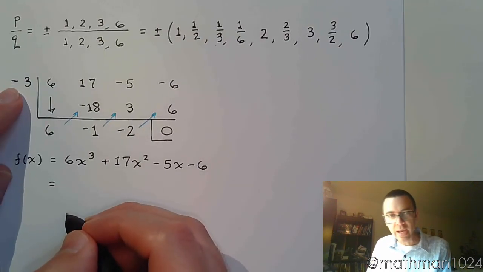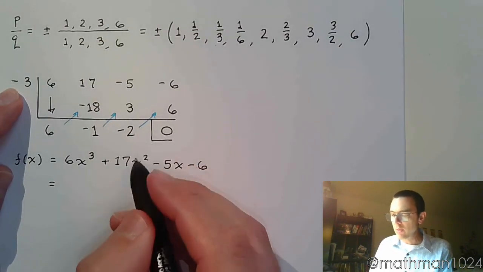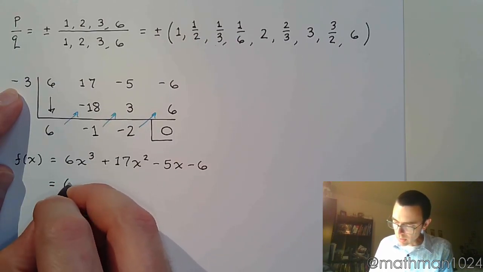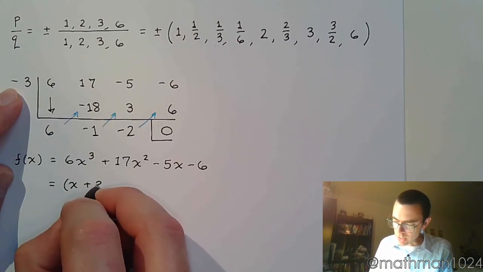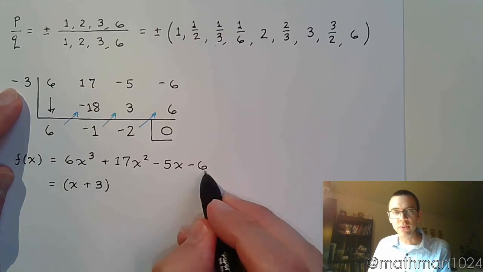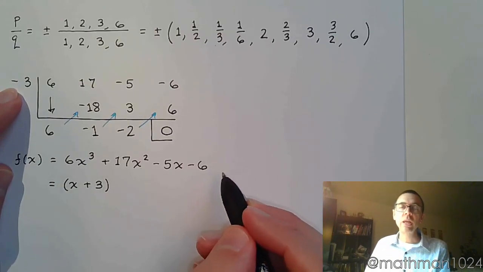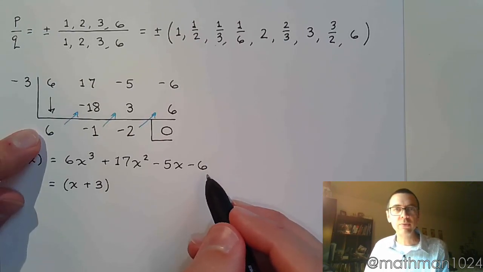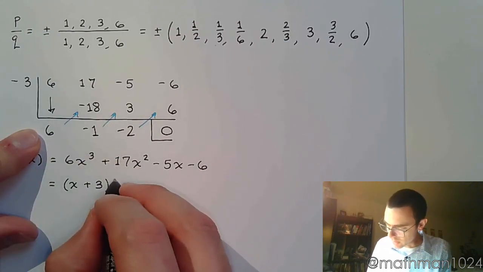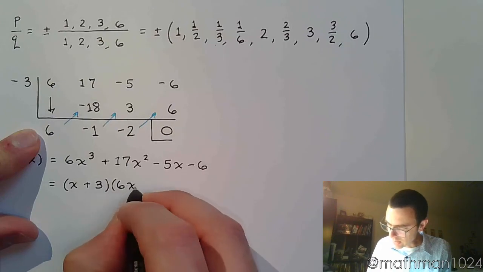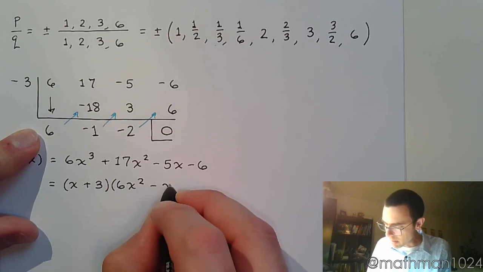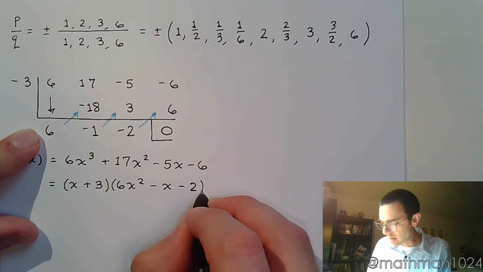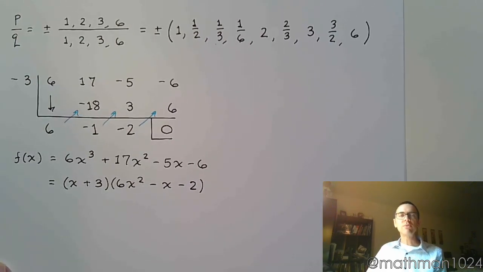Since negative 3 gave me a remainder of 0, that means x plus 3 is a factor of this big polynomial function. And how many times does x plus 3 go into it? That's why we have the quotient. We now convert this, and this is 6x squared minus 1x minus 2.